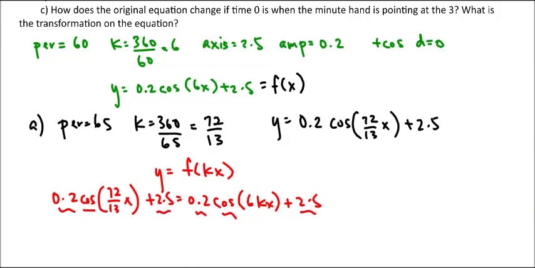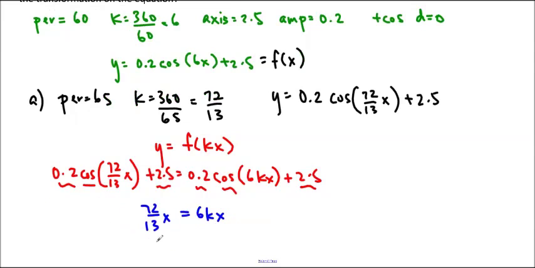So basically we can say that 72 over 13 x is equal to 6kx, or in other words, 72 over 13 equals 6k. If we solve for k, we'll find that k is equal to 12 over 13.